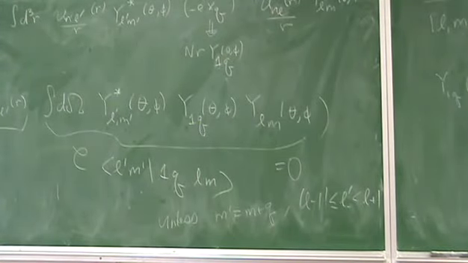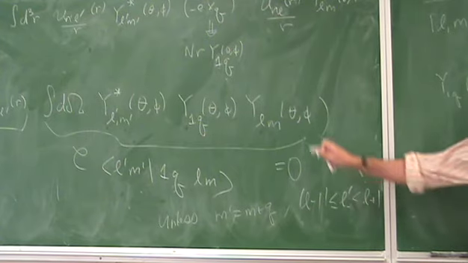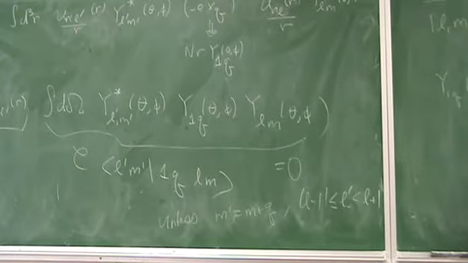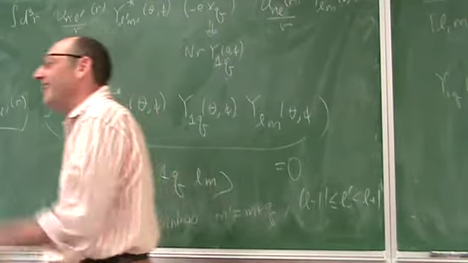So not only does L have to change by odd, it can only change by 1 unit. Parity told us that the difference between L and L prime was odd. Angular momentum tells us that if we have a dipole, it can only change by 1 unit, because the dipole is a vector. And because the dipole is a vector, it is a rank 1 tensor.